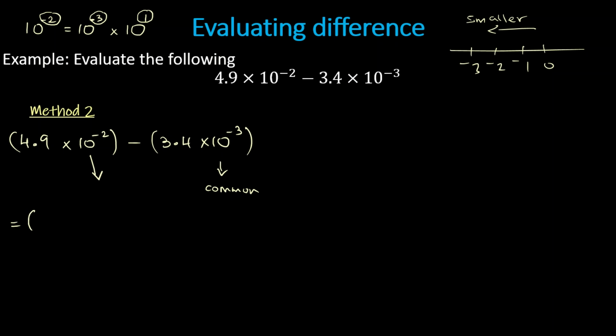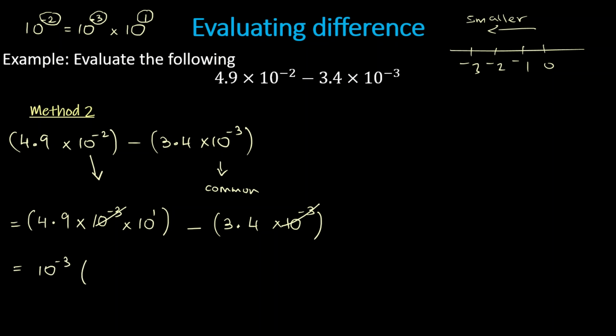Right? So we write 4.9 times 10 power negative 3 times 10 power 1 minus 3.4 times 10 power negative 3. Now we can clearly see the common factor, which is 10 power negative 3.